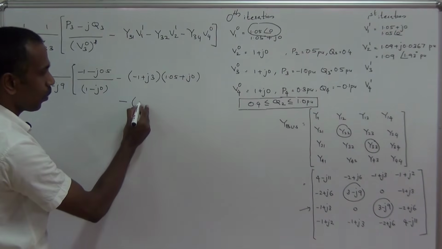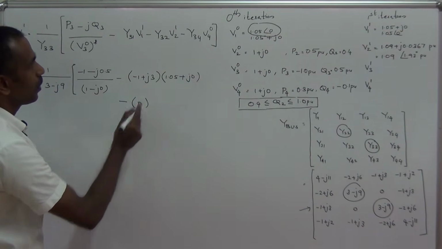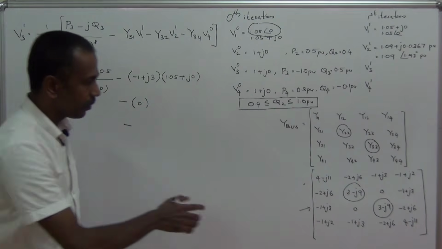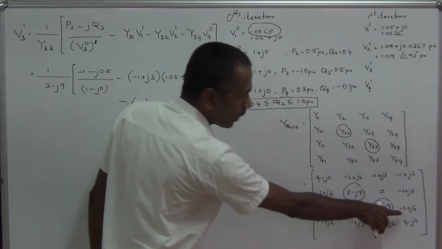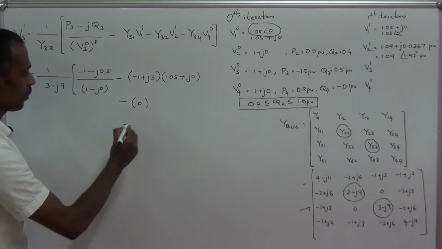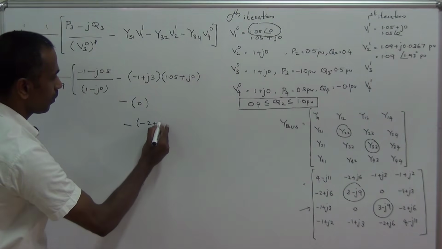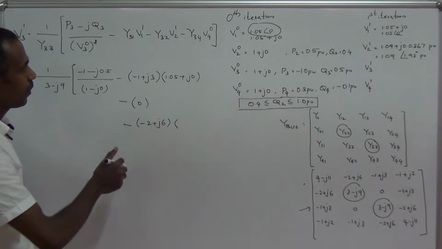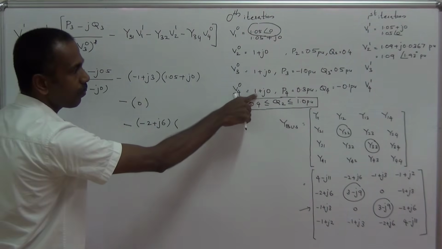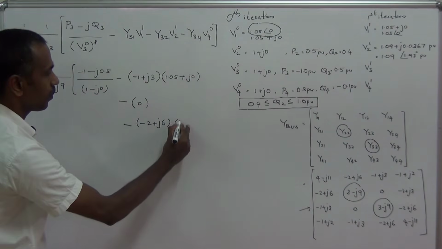Y32 equals 0. Y34 V4: Y34 is minus 2 plus j6 into V4^0, 1 plus j0.